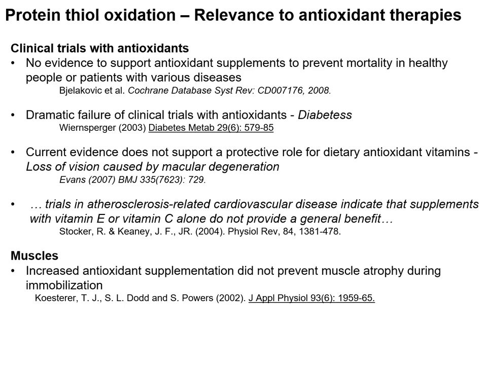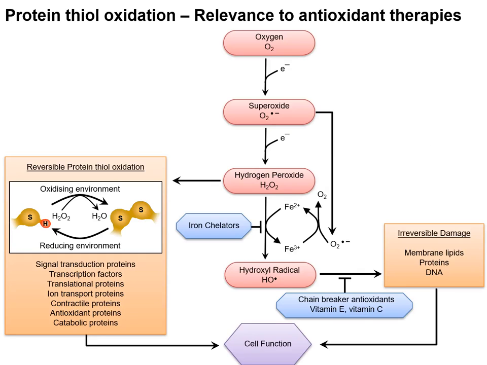We don't understand how oxidants are really affecting tissues. So this slide summarizes that conundrum, and it maybe explains that conundrum. And I would argue that, in fact, protein thiol oxidation is where we should be looking in terms of our antioxidant therapies. So let's have a look at the pathway.